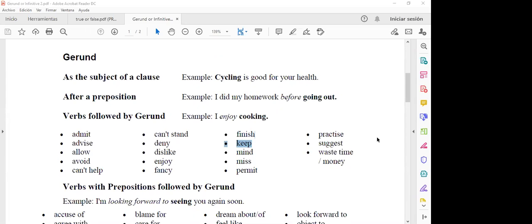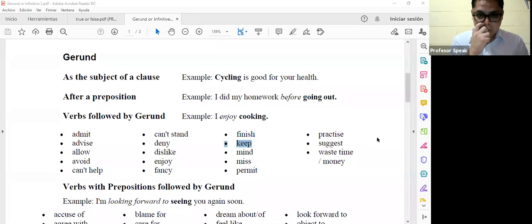But remember that you need to use two verbs in the same sentence. I keep being, for example, I keep being a good worker at the office.